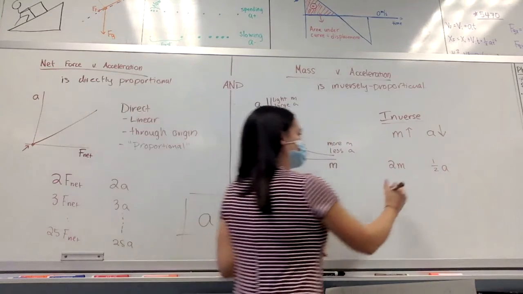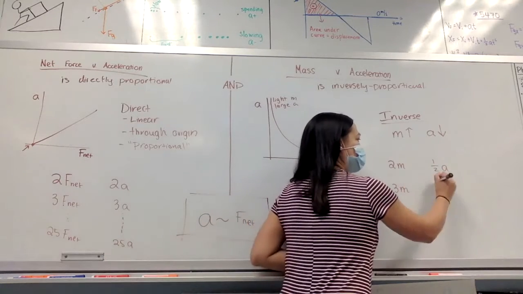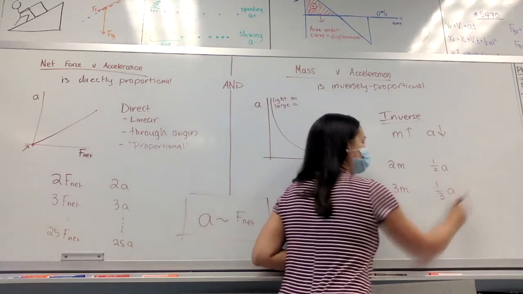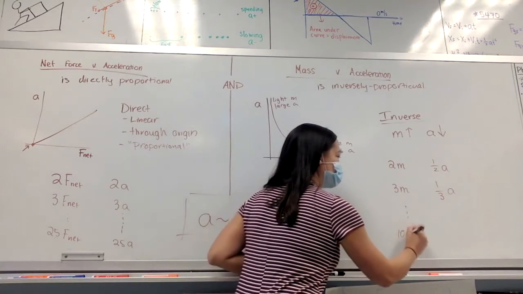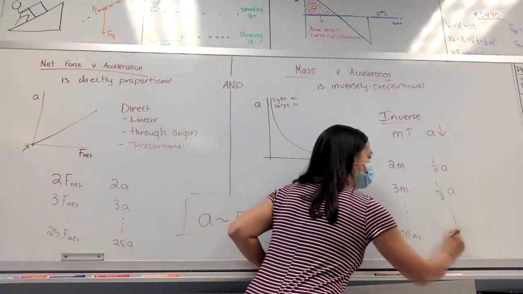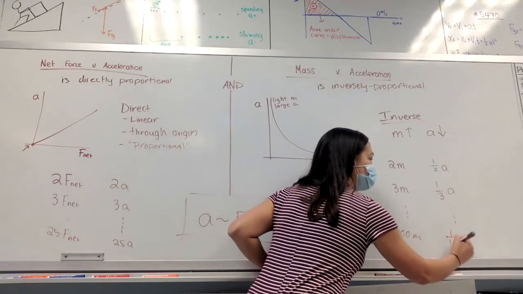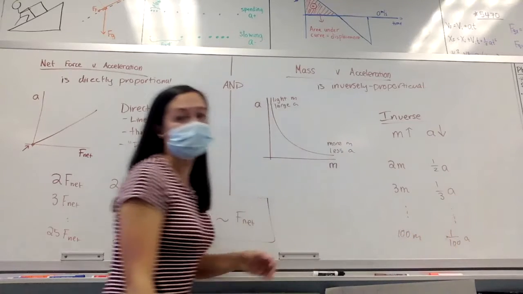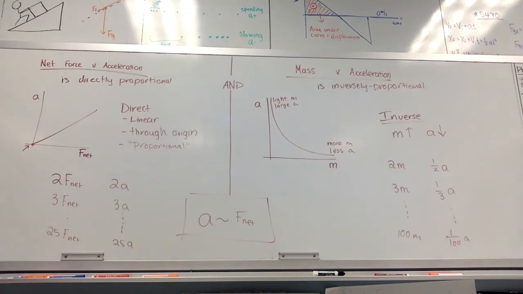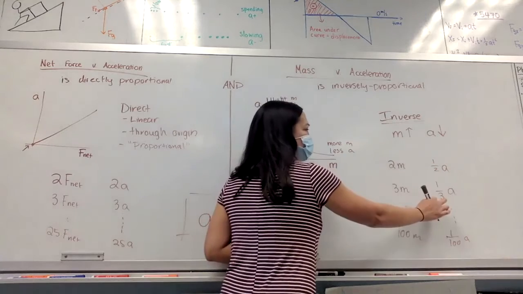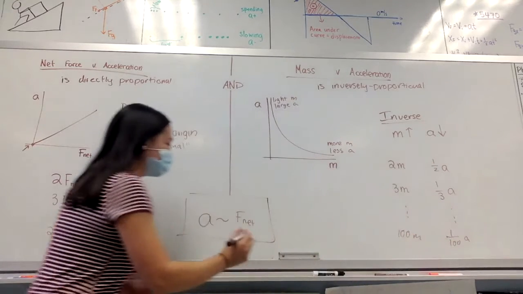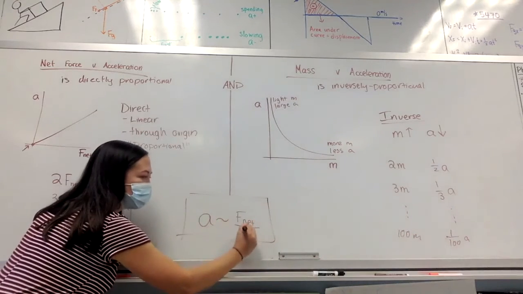If you triple the mass, you get 1/3 the acceleration. If you do 100 times the mass, you get 1/100th of the acceleration you did before. If you look at the equation for this, notice that it always puts this number in the denominator. So I'm going to put mass in the denominator of this equation.